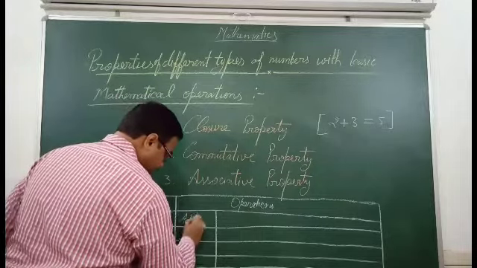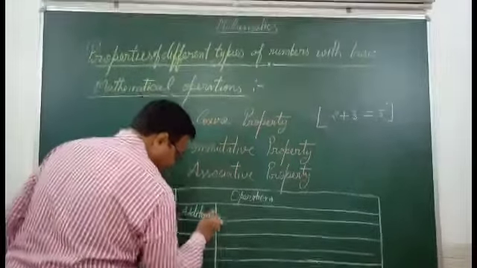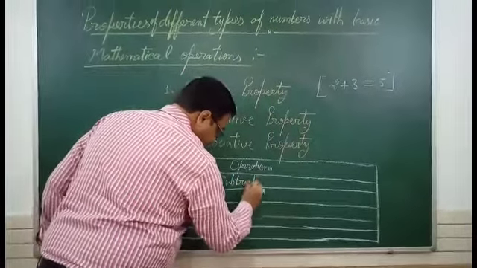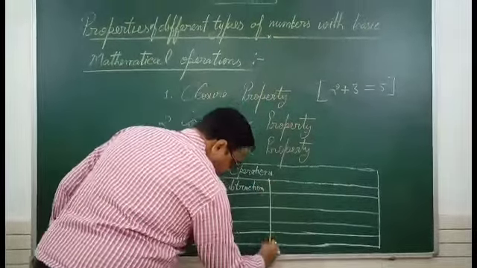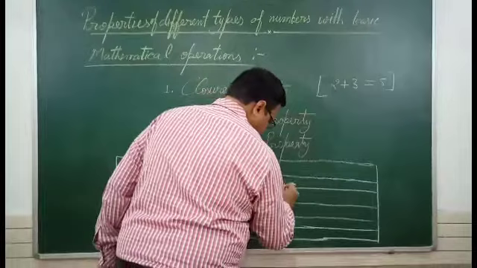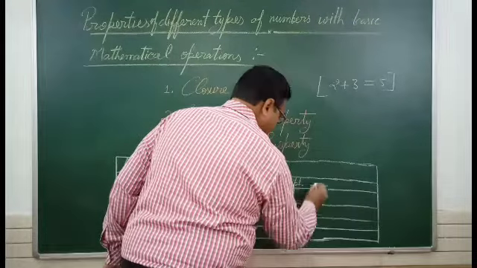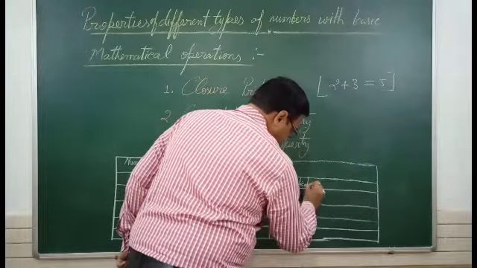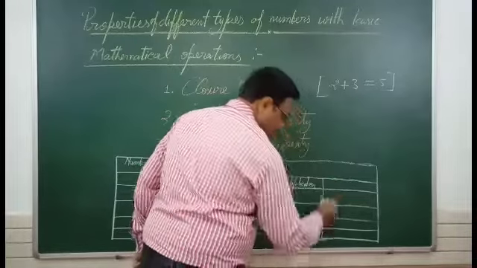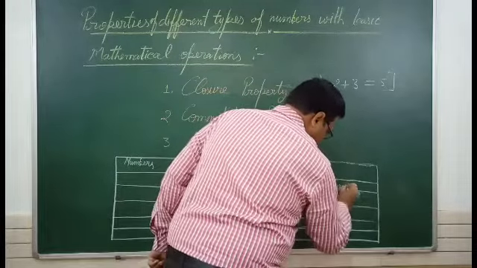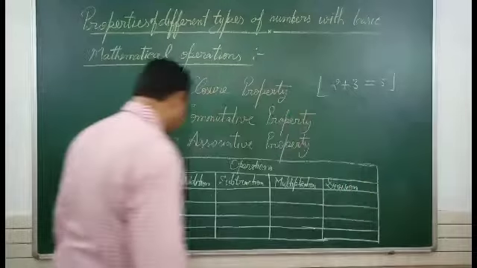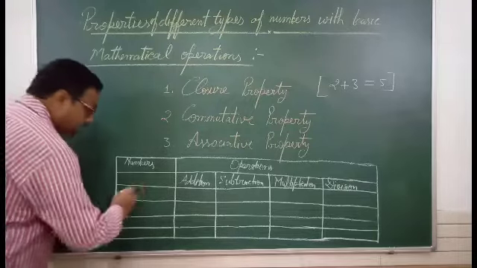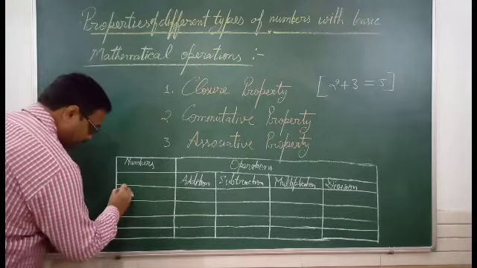This is for addition, for subtraction, multiplication and the fourth one is for division. Now here firstly we are taking whole numbers.